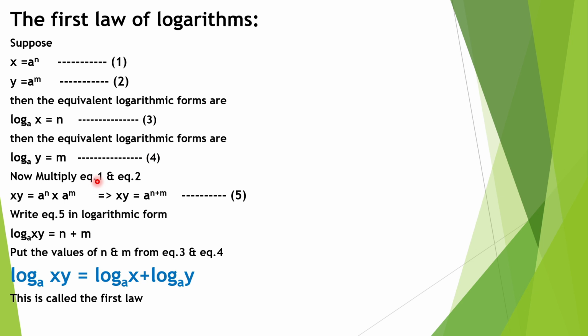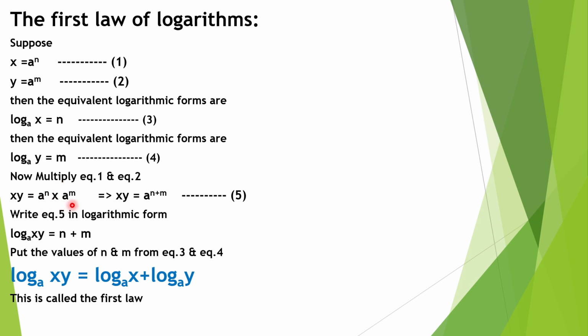Now multiply equation 1 and equation 2. So we will multiply these two equations with one another. So xy is equal to a raised to power n and a raised to power m. So this will become, xy is equal to a raised to power n plus m. When the bases are the same, then their powers will add.